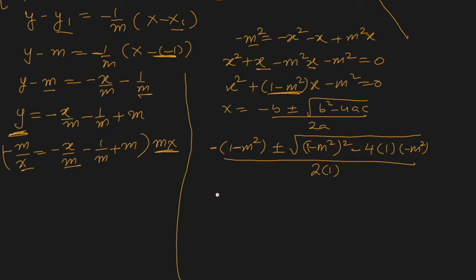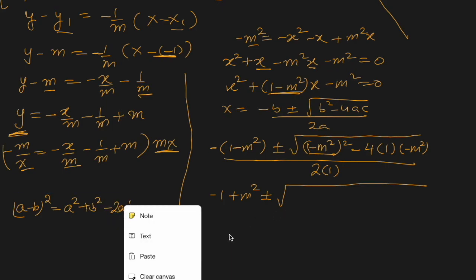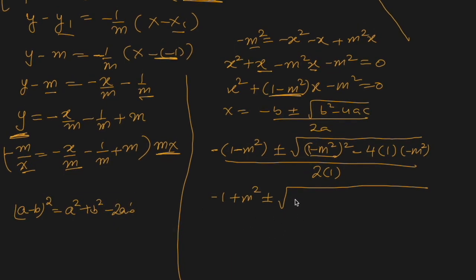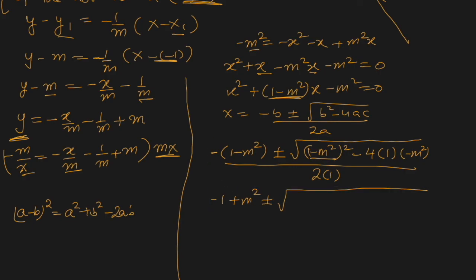So minus 1 plus m square plus minus. If I square this, I will use the same expansion I've been using in this exam. A minus b square is a square plus b square minus 2ab. So that will be a square, which is 1 square in this case, 1.